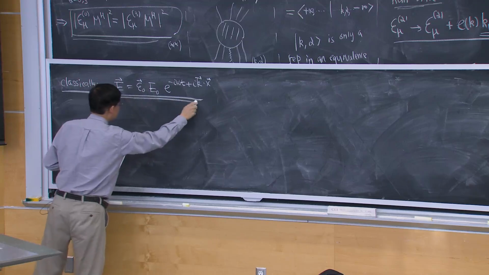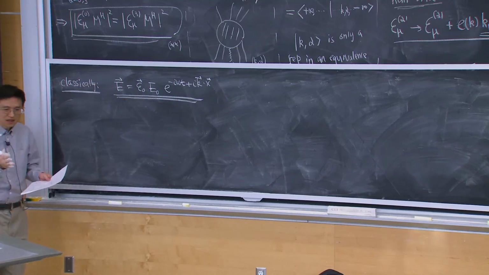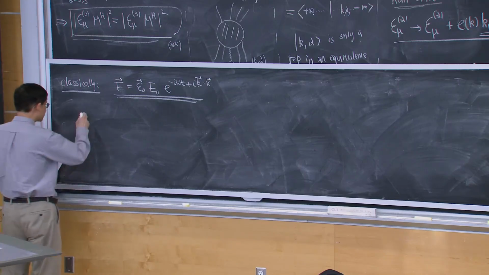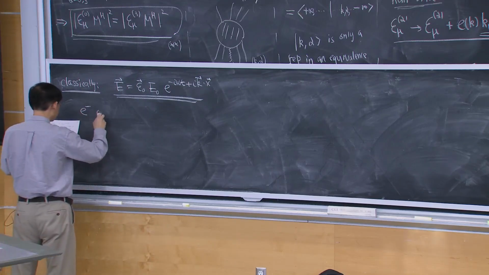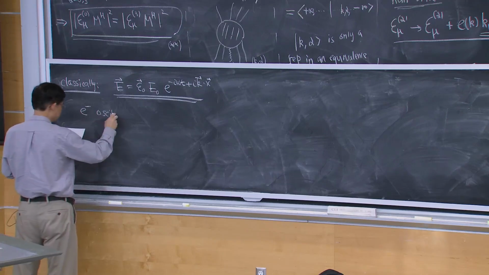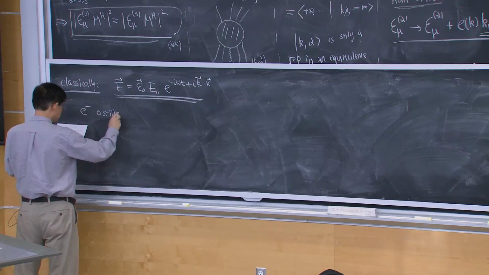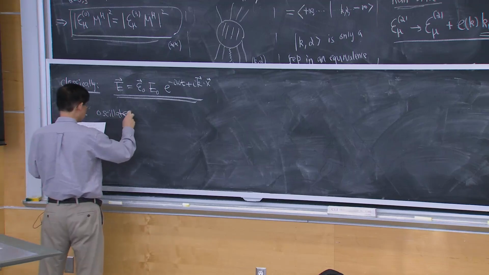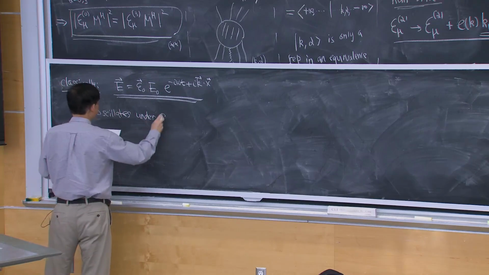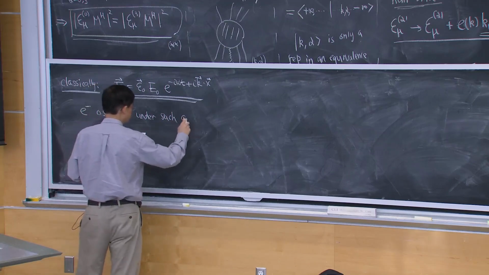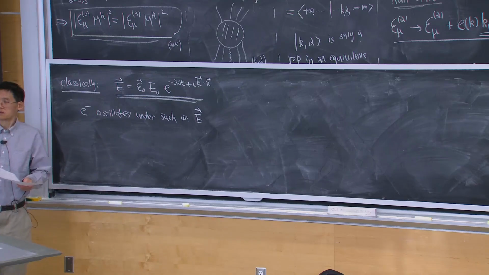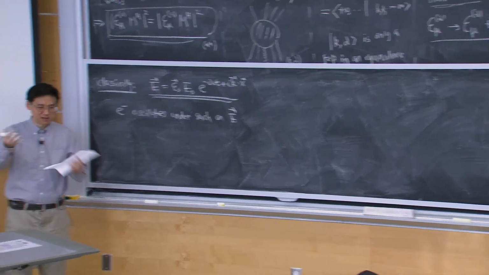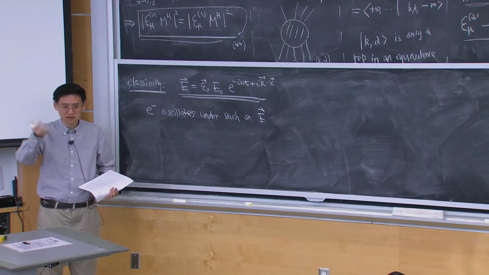This is the oscillating electric field. If you have a charged particle like an electron, it will oscillate because it has a charge under such an E. Essentially you can approximate the electron in the matter by a forced harmonic oscillator. It's a forced oscillation.